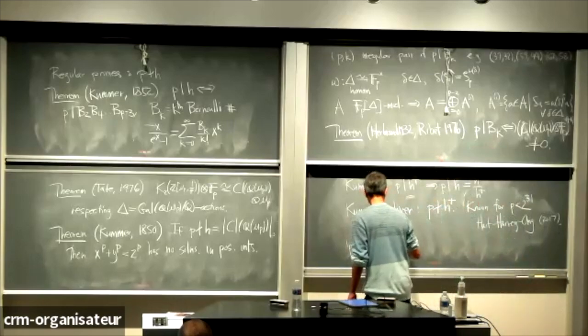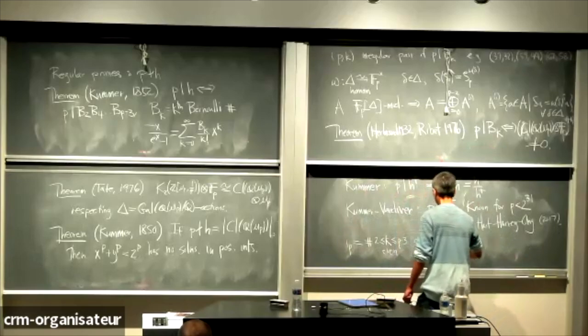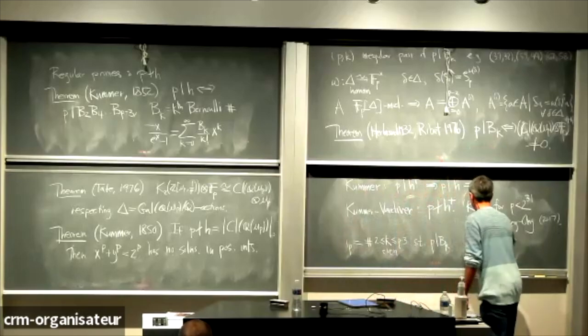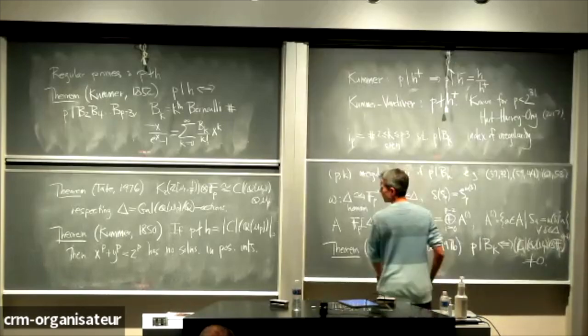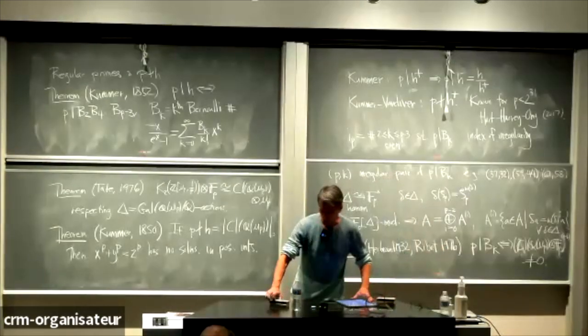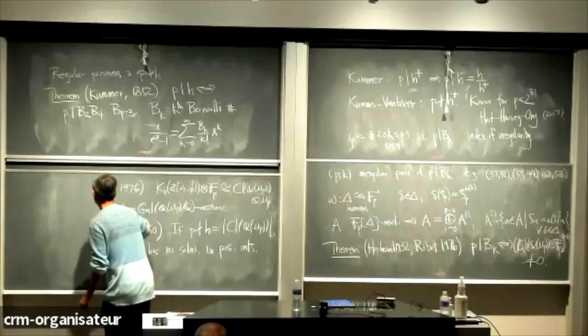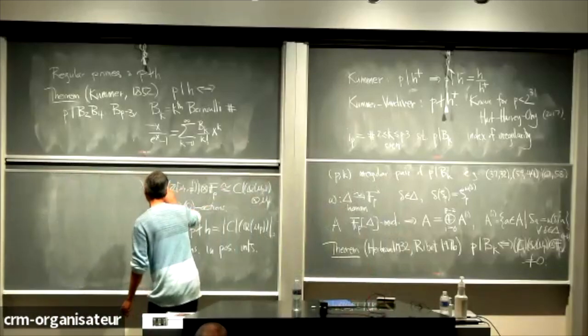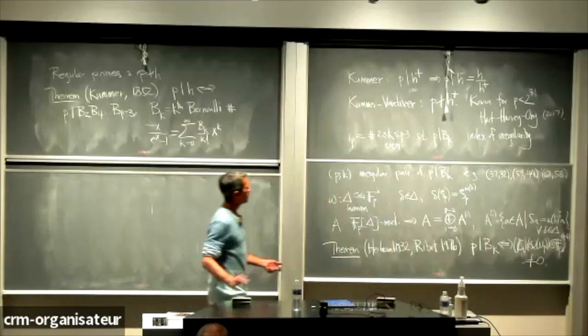So this is the index of irregularity, slightly or considerably expanding upon Kummer's result.